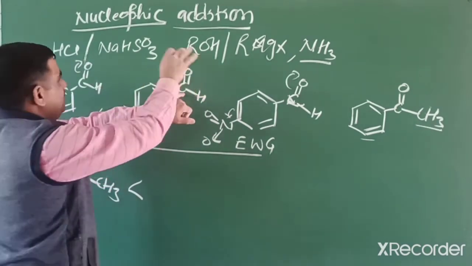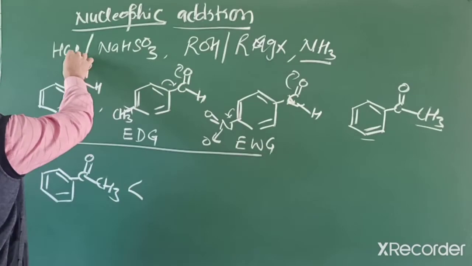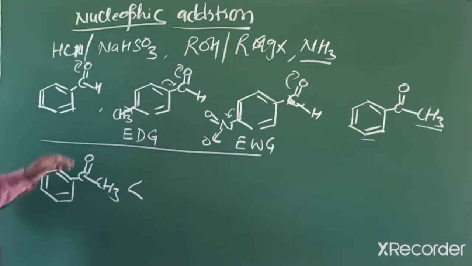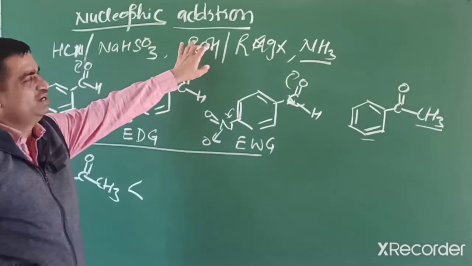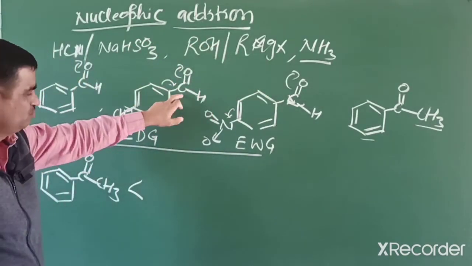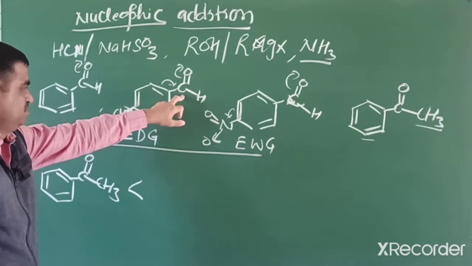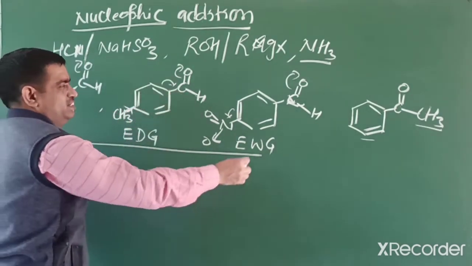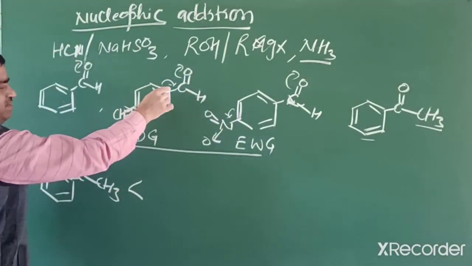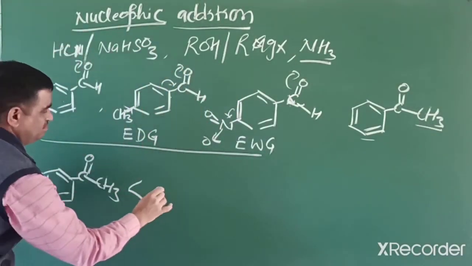So a nucleophile, either from hydrogen cyanide, cyanohydrin, sodium bisulfite, alcohol or Grignard reagent or ammonia, when they react, they get more electrons in this benzaldehyde, and then aldehyde, and this one is less reactive.